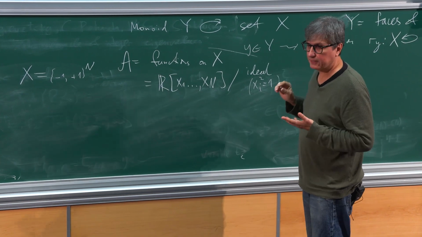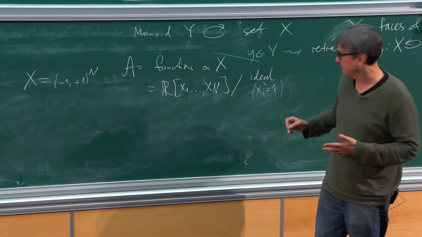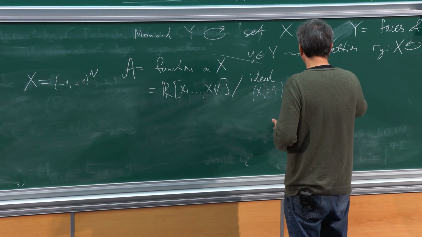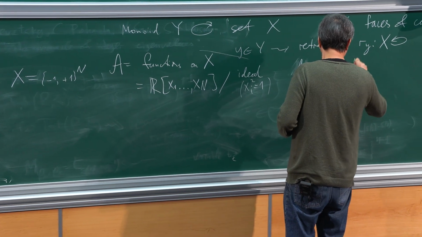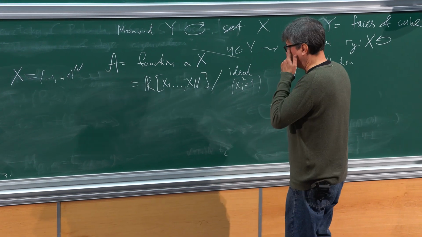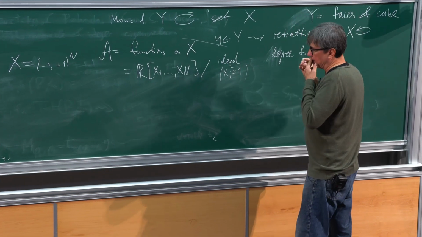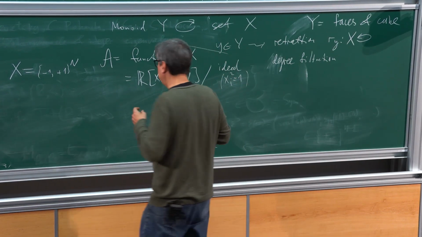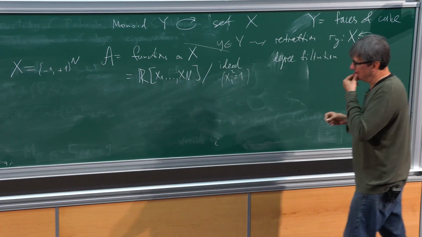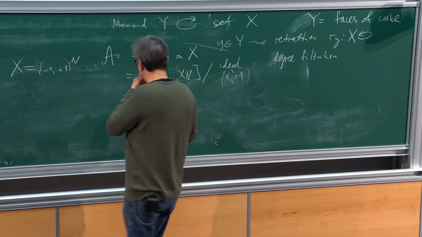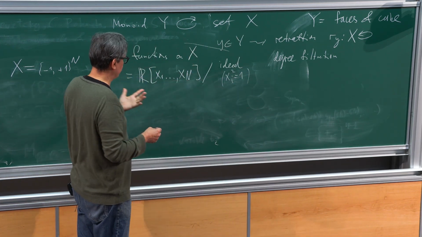And then you have a filtration. You can restrict to polynomials of degree 0, 1, 2, 3. You get the degree filtration. You can see the polynomials of degree less than i. And the filtration is very easy to see in the following way.